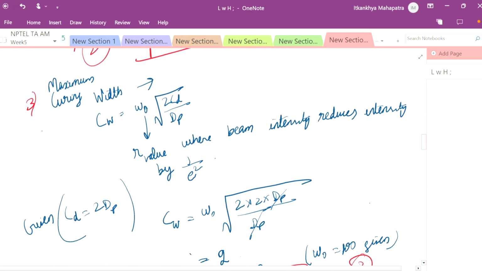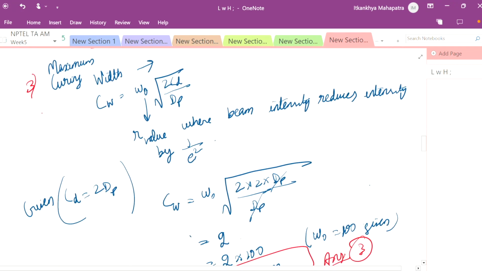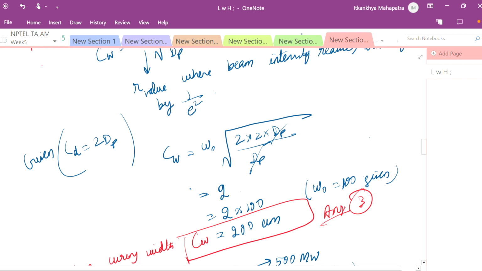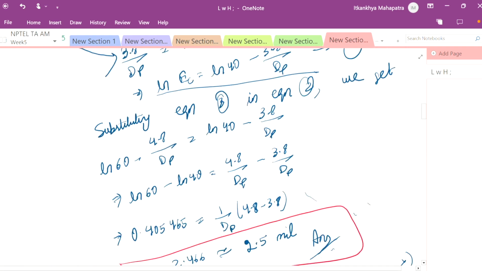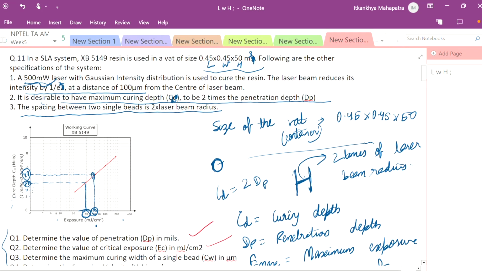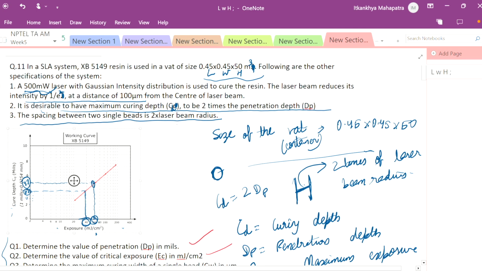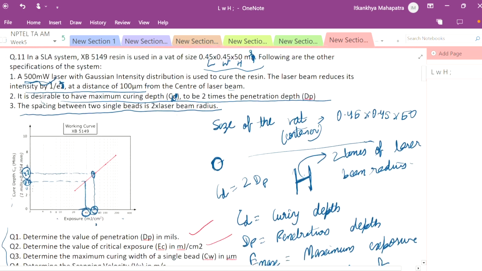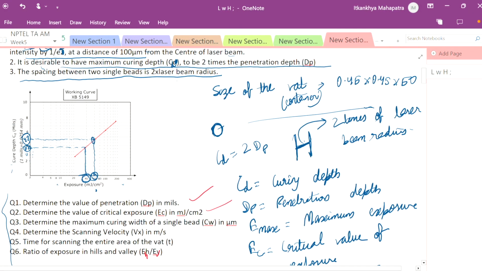So using that condition and solving, you get the answer as 200 micrometer. W naught is given as 100 micrometer, the distance from the center of the laser beam at which the intensity is reduced. So with this you got the maximum curing width.